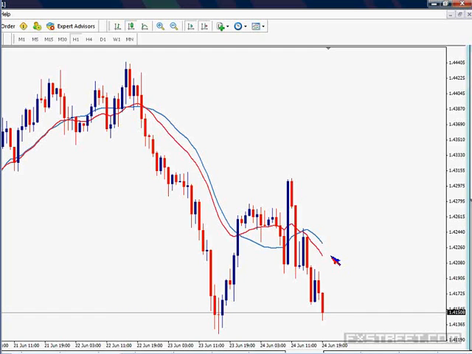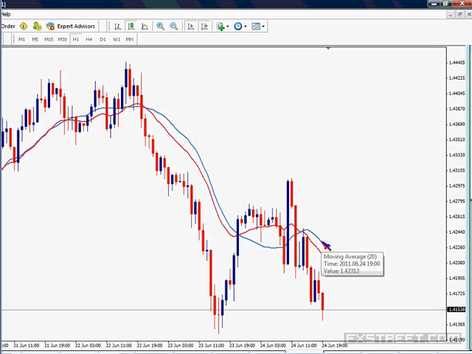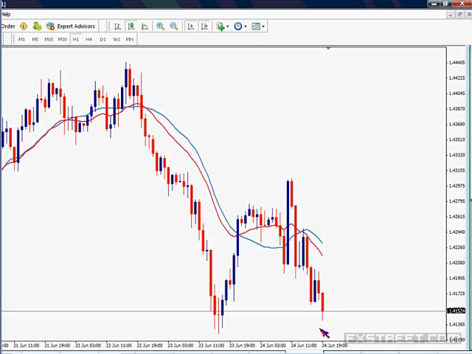That's why they are faster than the simple one. As you may see, it has turned lower pretty early compared to the other one, and it's below the simple one. So the only difference between a simple and an exponential one is that the exponential gives a bit more weight to the latest information, with the idea that recent behavior will continue, okay?